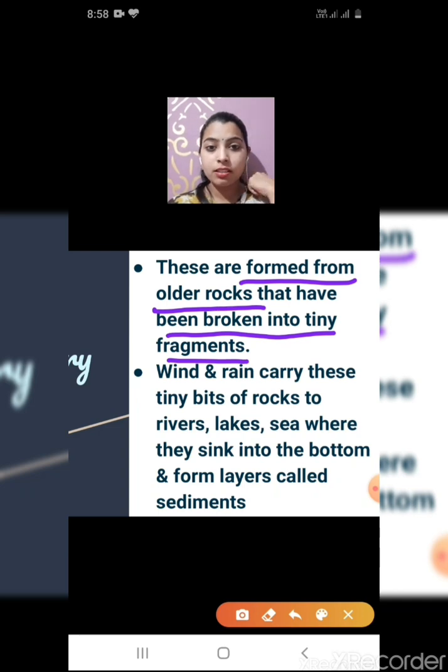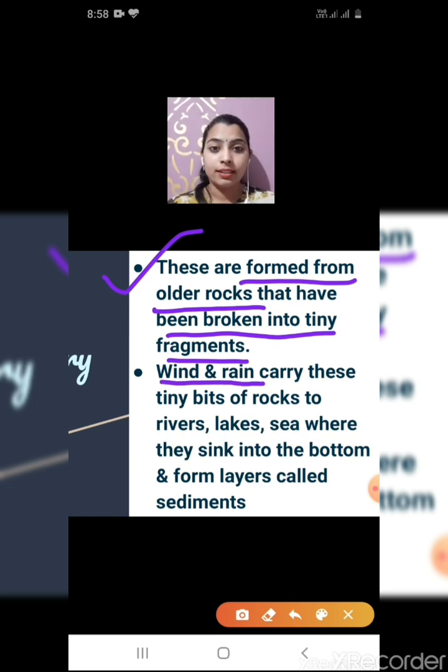Fragments means smaller portion or tiny particles. Alright, children. So, these sedimentary rocks are formed from older rock that has been broken into tiny pieces, portions or fragments. Understood?